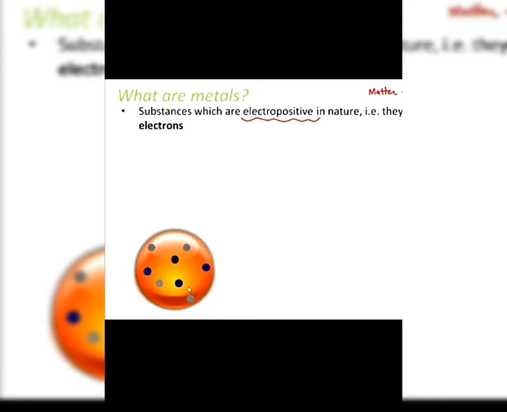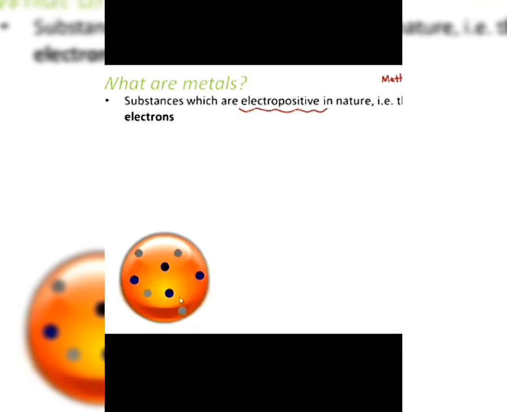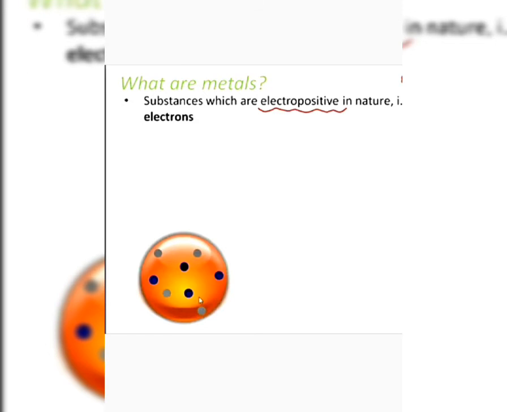Right now if you see the number of protons and electrons, they are equal. The blue balls are 4 and the grey balls are also 4. So the number of positively charged particles is the same as the number of negatively charged particles, so overall the atom is neutral. Now what will happen if this atom loses one electron? Now one electron is gone.